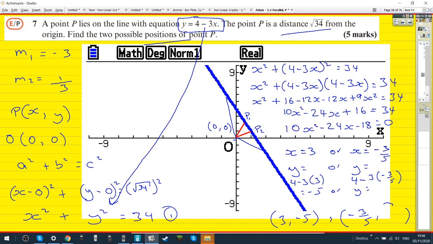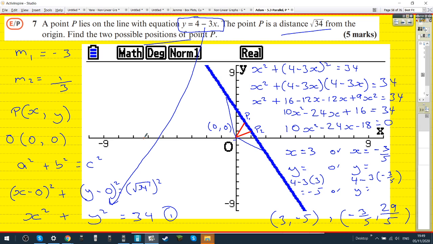And then 4 minus 9 over 5. Wait, no, would it be 4 plus 9 over 5? Correct, minus times minus makes plus. So it's 29 over 5. So the last one would be minus 3 over 5, comma 29 over 5.